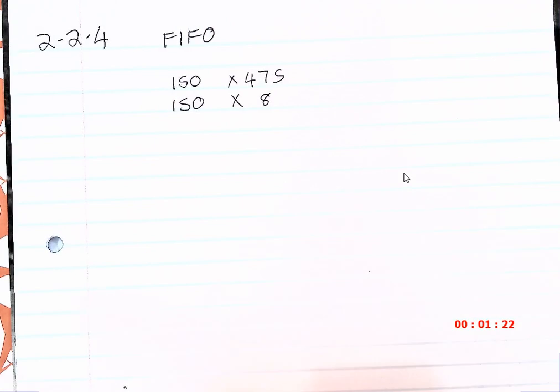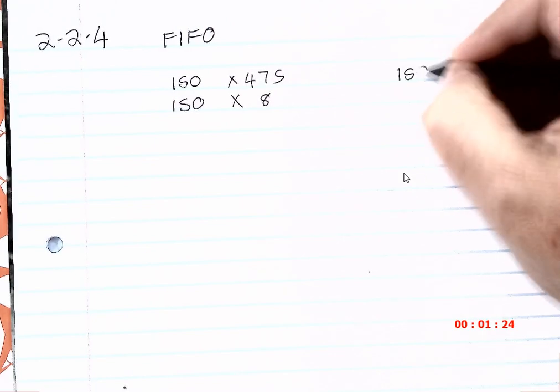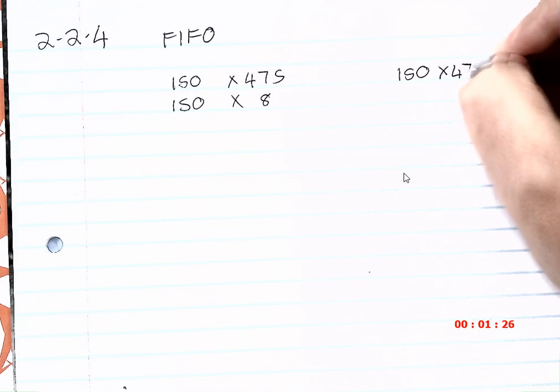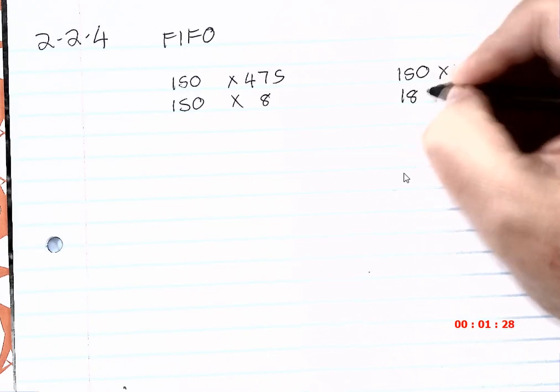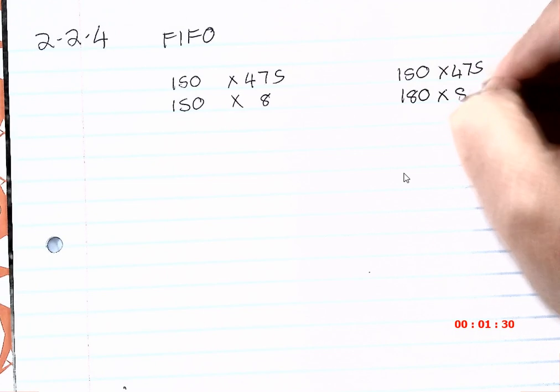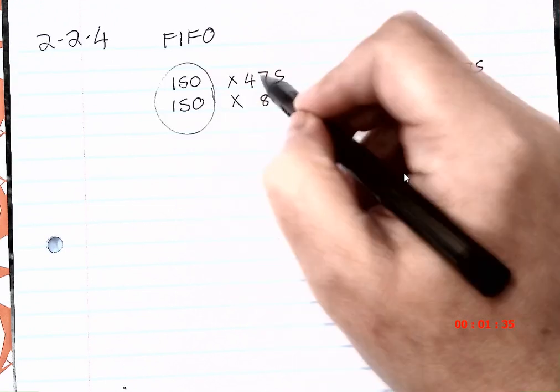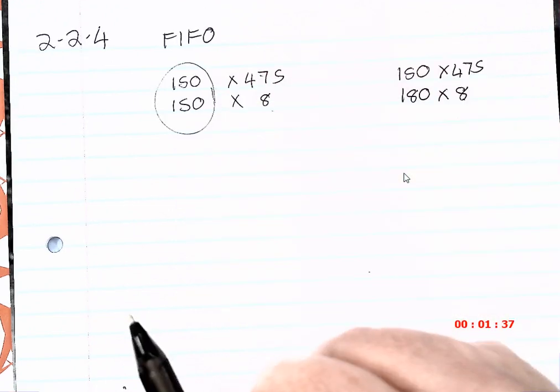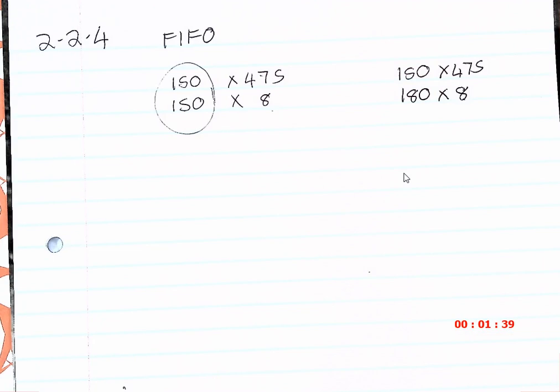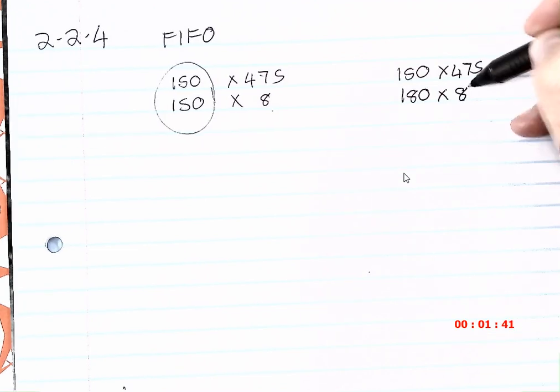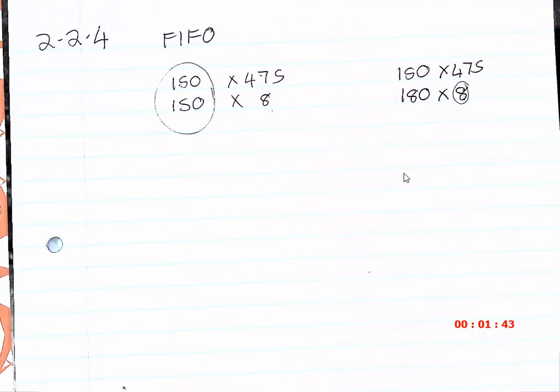Let me show you again. I worked 150 on the 475 and 180 on the 8. They worked on 150 for both. Okay, because what they say is that that 8 rand that we didn't get back is going to form part, it's going to load the cost of sales.